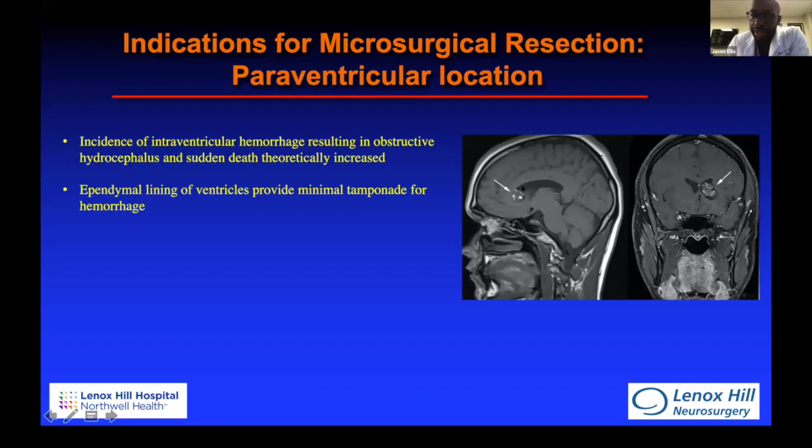So there really is no tamponading brain around aspects of this cavernoma that would prevent any sort of bleeding into the ventricle. And so we consider this a high-risk lesion for causing a massive intraventricular hemorrhage, hydrocephalus, and we all know that can result in sudden death. So we are more likely to treat a lesion such as this.